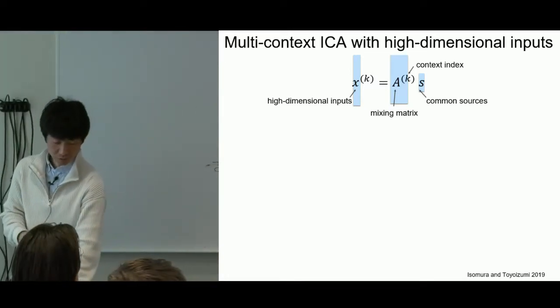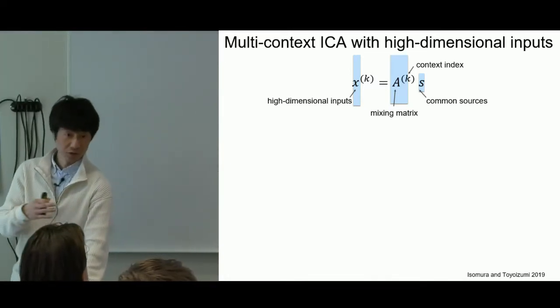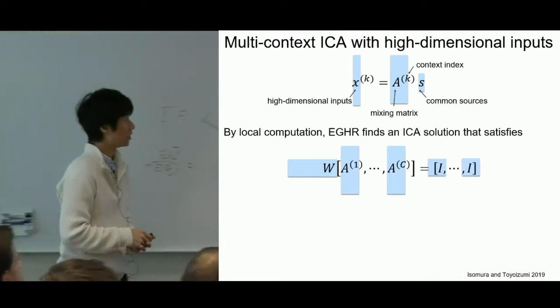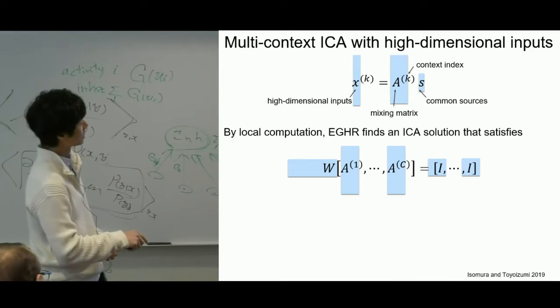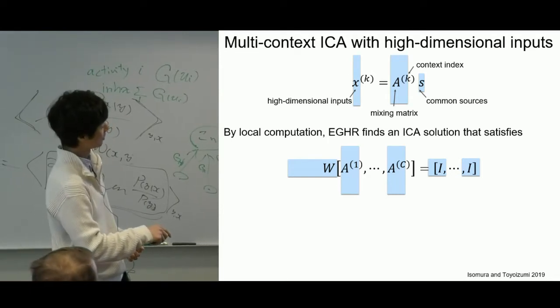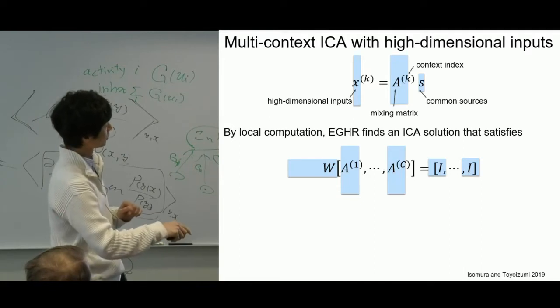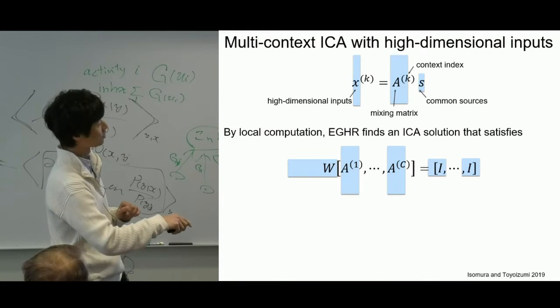Because our learning rule can have fewer output neurons than input neurons, it can find the synaptic weights, W, a flat and wide matrix, that can separate sources in all contexts from 1 to capital C.